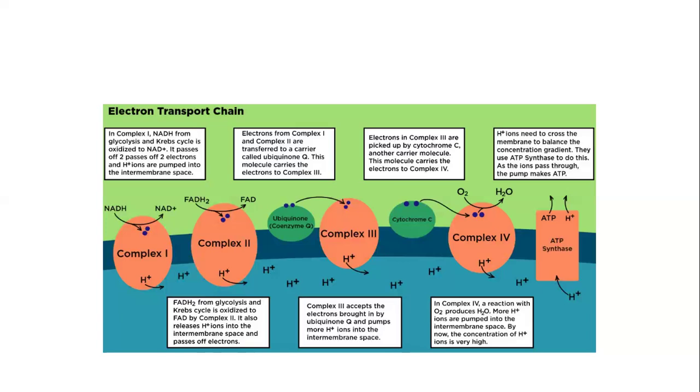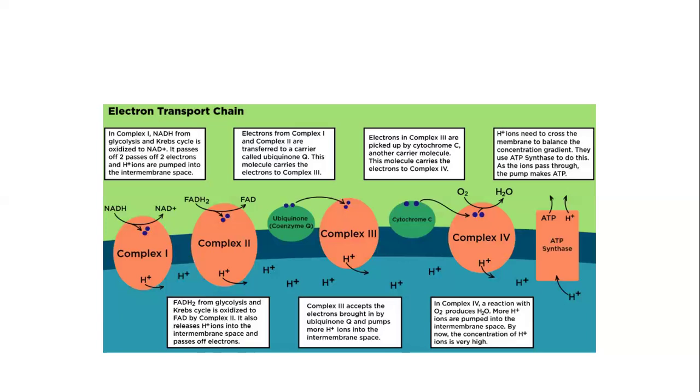Why? Because your citric acid cycle occurs inside the mitochondrial matrix. So those NADH molecules do not have a distance to move because they simply go onto the complexes on the inner mitochondrial membrane. So it becomes a bit different, right?